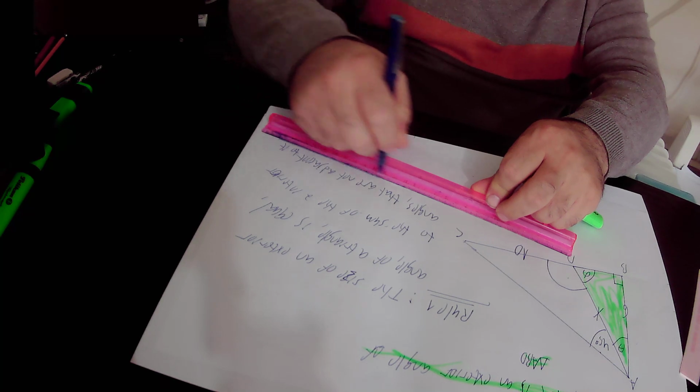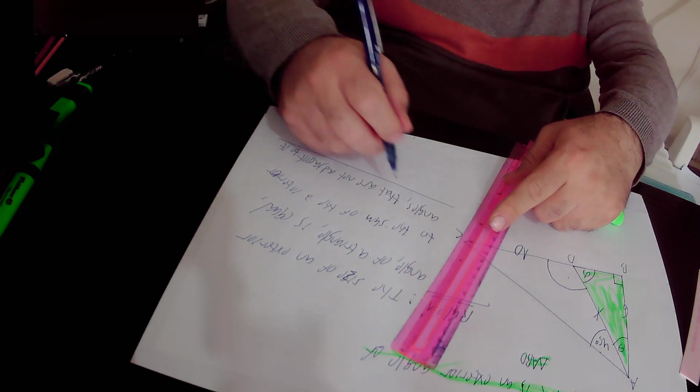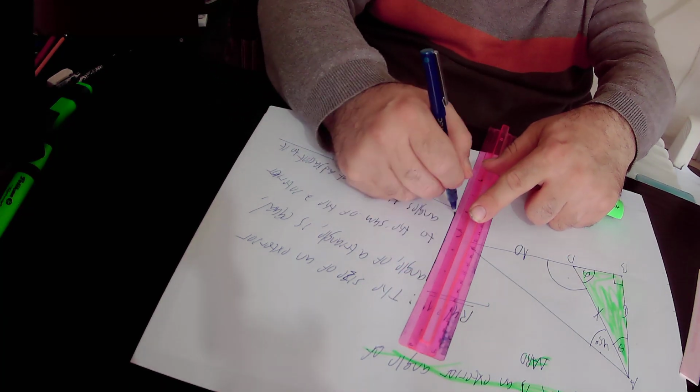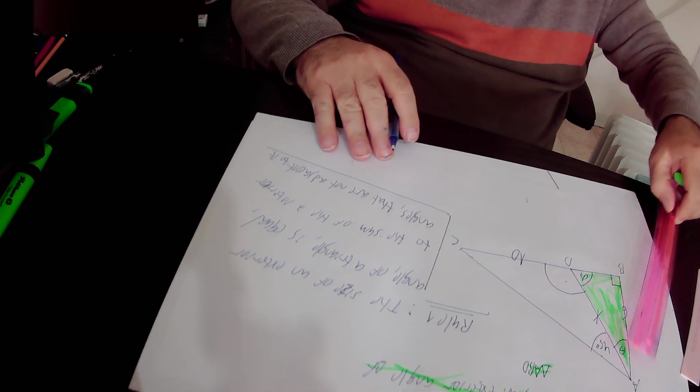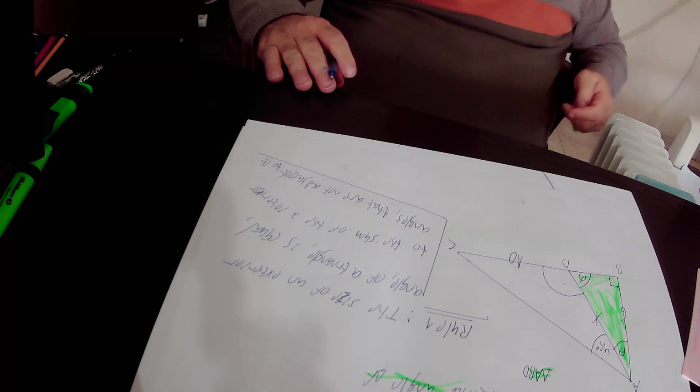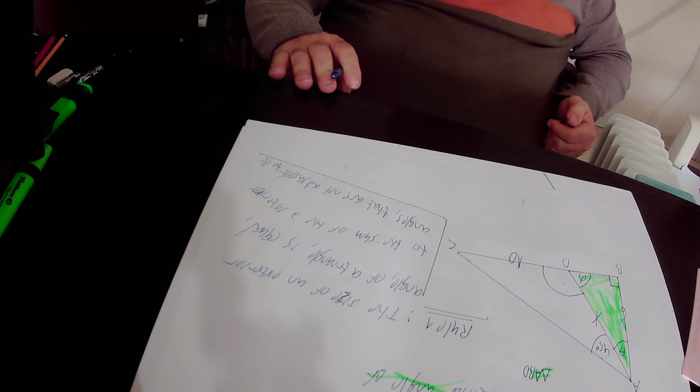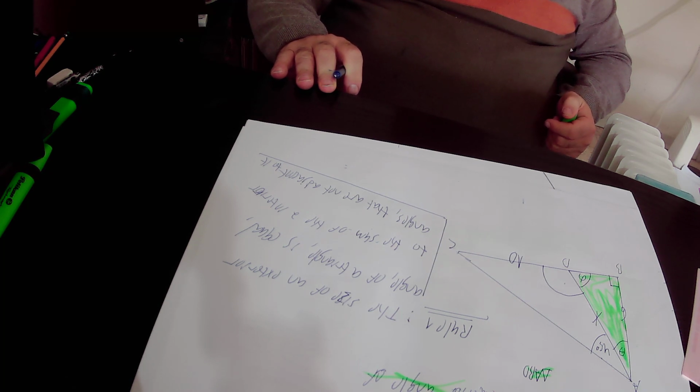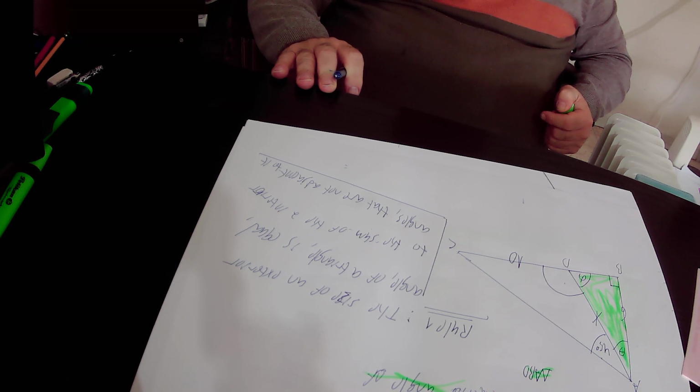I will read rule number 1 again. According to rule number 1, the size of an exterior angle of a triangle is equal to the sum of the two interior angles that are not adjacent to it.